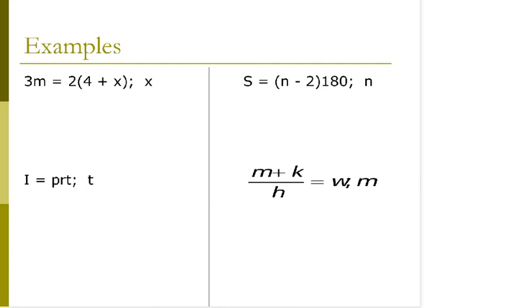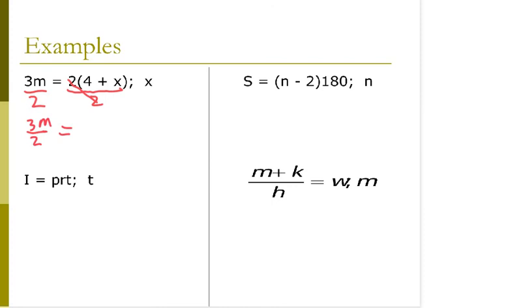Okay, in the first example, we are trying to isolate the x. So we could apply the distributive property first if we want to, but it might be simpler just to divide both sides of our equation by 2. The 2's are going to eliminate, since one is multiplication and the other is division, and we're going to be left with 3m over 2, or 3/2 m on that side, and 4 plus x on the other, or x plus 4.